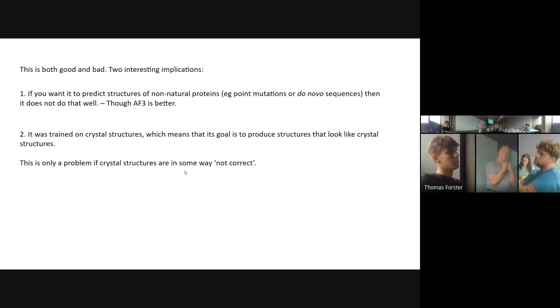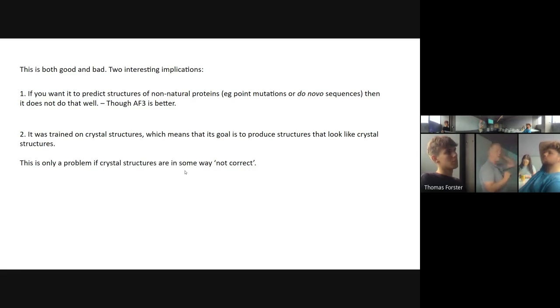So I'm an NMR person. NMR looks at things in solution. And in a sense, if you're trying to model the structure of a protein, you don't actually want what's in the crystal. You want what's sitting in your cell, in your solution. So you'd rather have it predicting something that's in solution rather than something in a crystal. Does that matter?